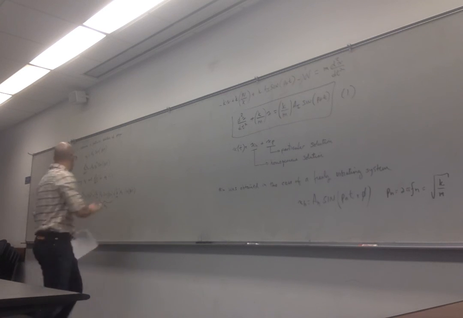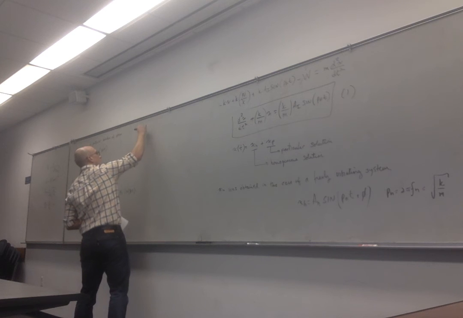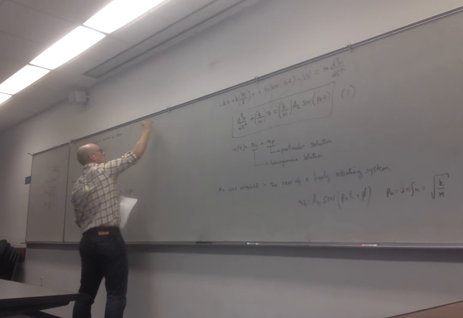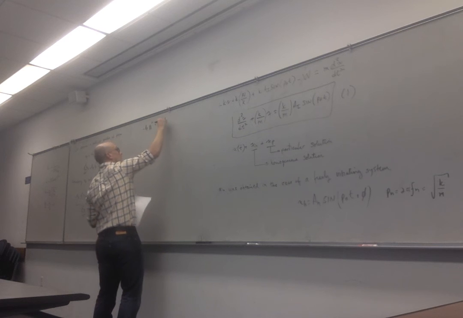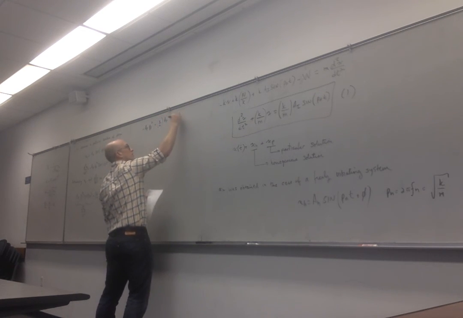So with this established, what's left is minus A p, p sub f squared, plus k over m, A p equals k over m times A i.